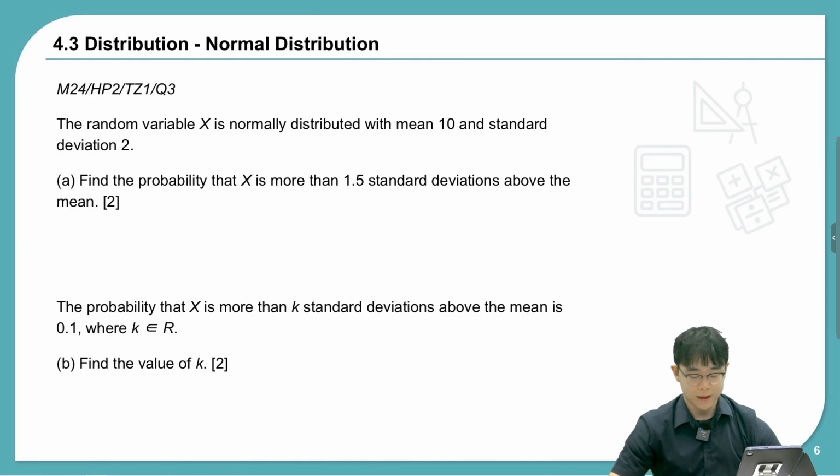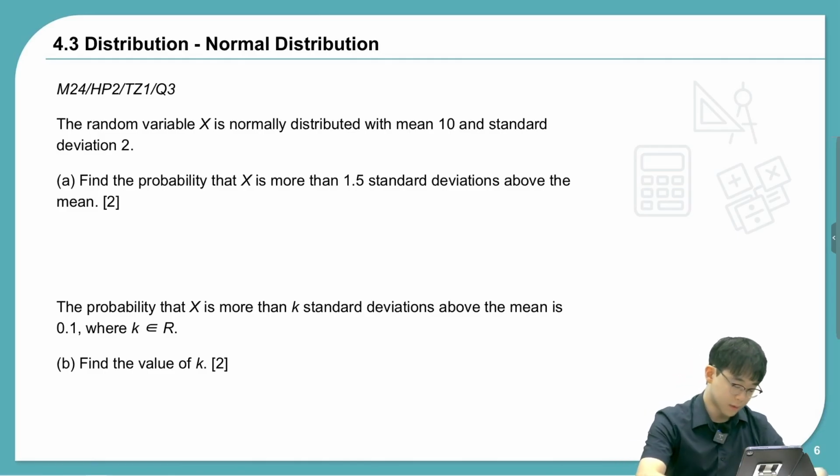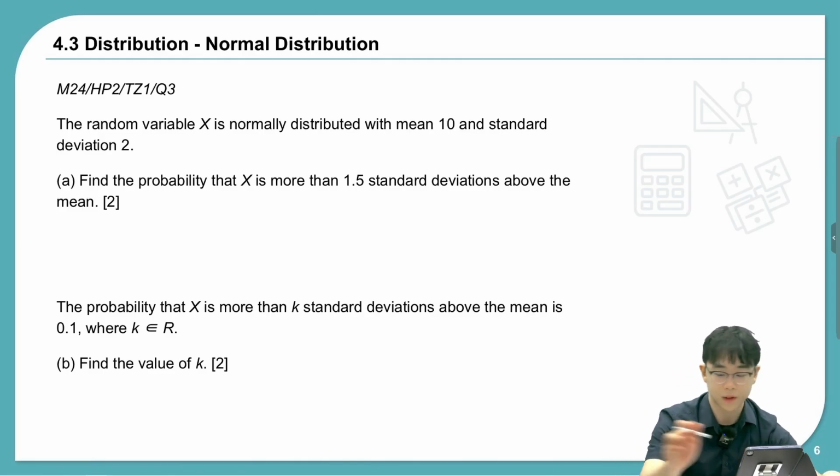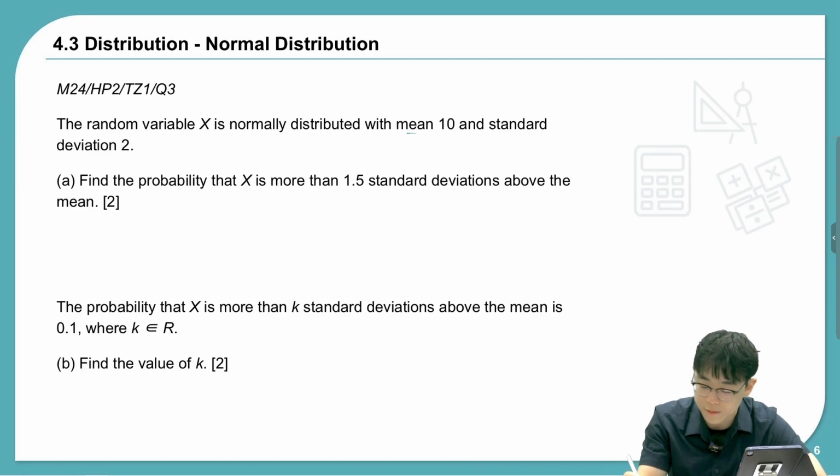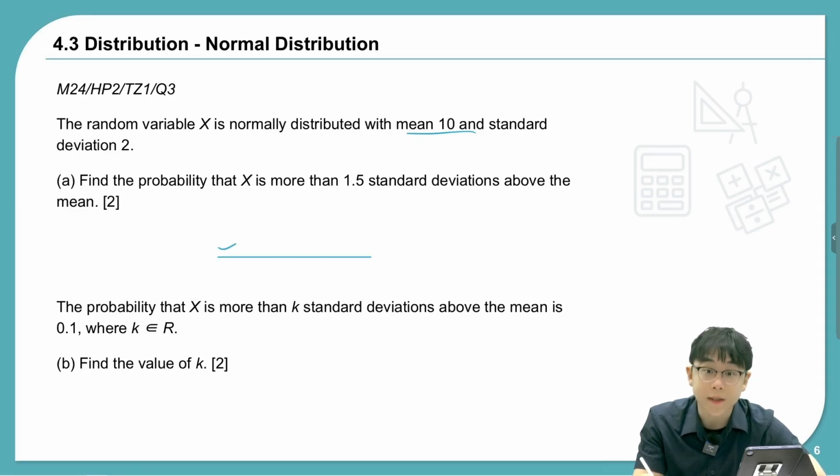Now on to number 3, we have statistics. So we first have a normal distribution. It's a bell-shaped curve, symmetric about the center, the mean, and it has a mean and standard deviation. So we would first sketch out our normal curve and annotate it with a mean of 10 and standard deviation of 2.